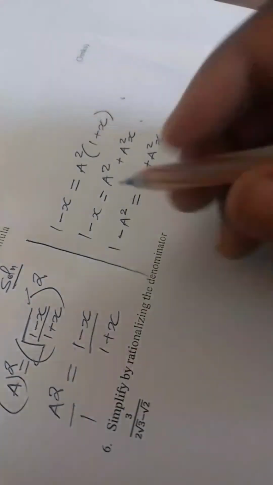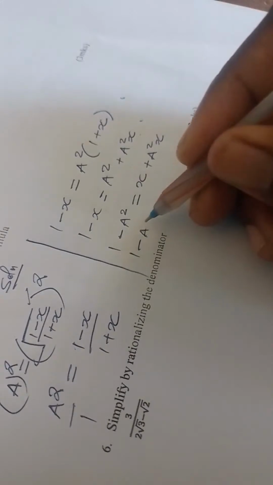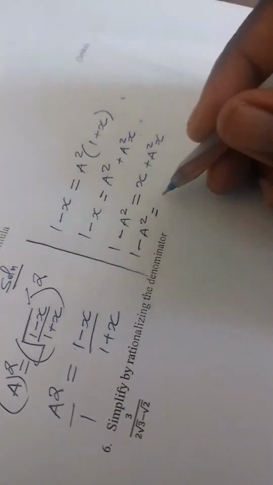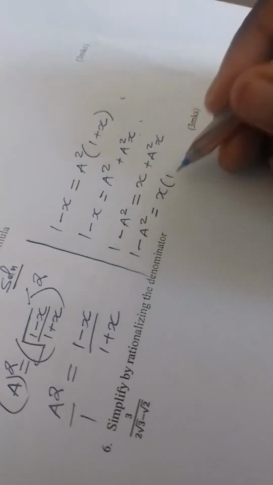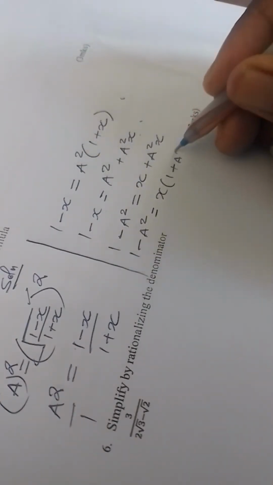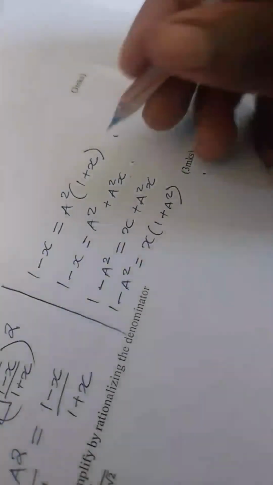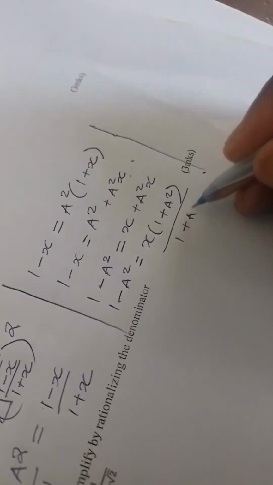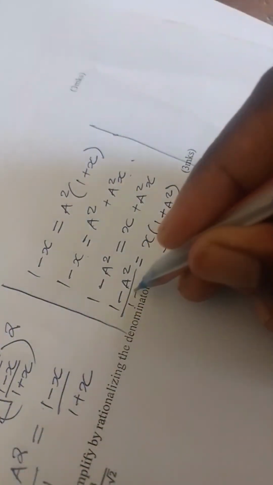So for this one, after that, 1 minus a square is equal to, we can factor out x. If you factor out x, this one will be x into 1 plus a square. So if we put that one in that way, then we can divide by 1 plus a square over 1 plus a square.